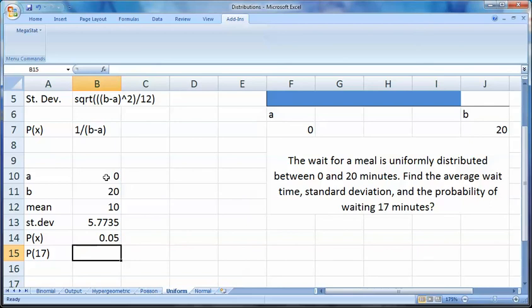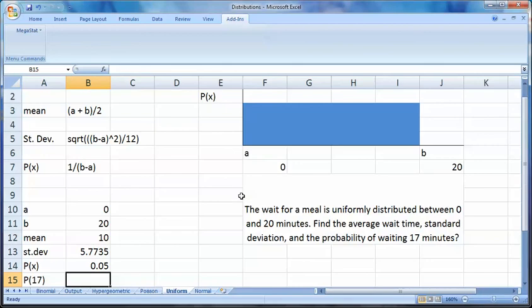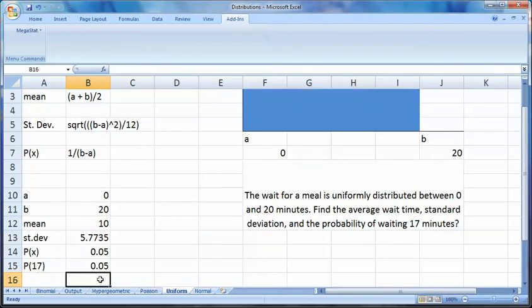So what is the probability of waiting 17 minutes? Well, since it is uniformly distributed, anywhere along this point we could say 17, or any point would be 0.05 because it's exactly the same straight across.